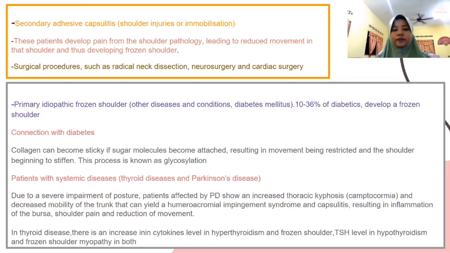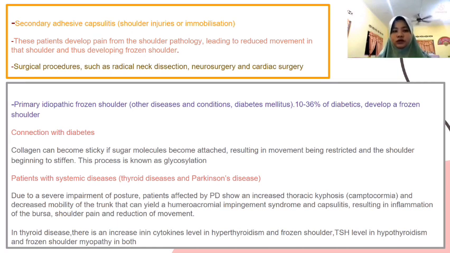Patients with systemic disease such as thyroid disease and Parkinson disease can also develop frozen shoulder. Secondary adhesive capsulitis is associated with shoulder injuries or immobilization.